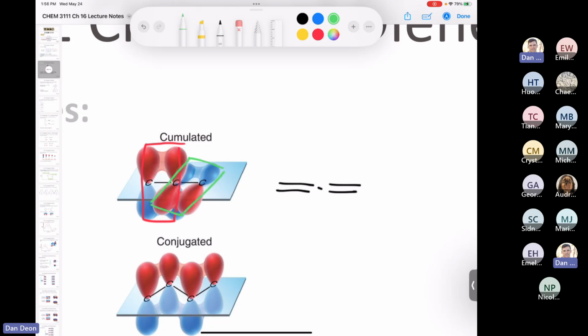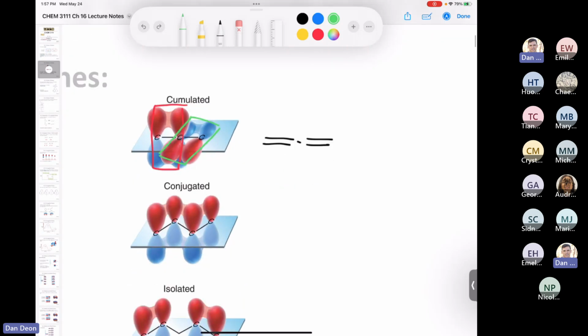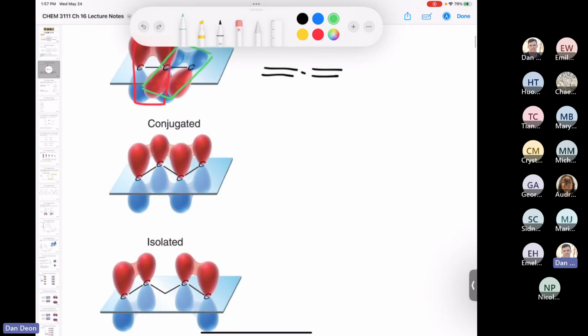I'm going to try to circle this as best I can. They meet each other at a 90-degree angle, and so you don't have complete orbital overlap. There's no orbital overlap between this lobe here and this one. They're 90 degrees apart from each other, and so that's why it's not a major focus of this chapter. We're mostly going to look at conjugated dienes.